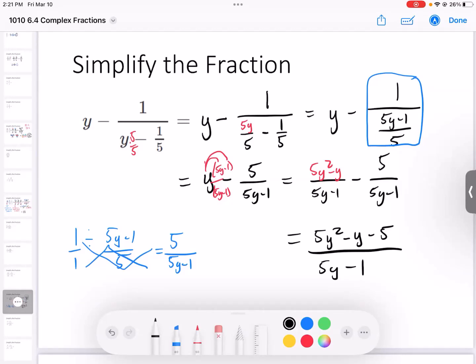Because this is a trinomial, I'd say, well, 5y squared times -5 is -25y squared. There's not anything that multiplies to -25 and adds to -1. And so I can't factor that. But if I could factor it, I would want to do that because it might be able to cancel out this factor on the bottom. But in this case, it doesn't. So you could just leave it like that.